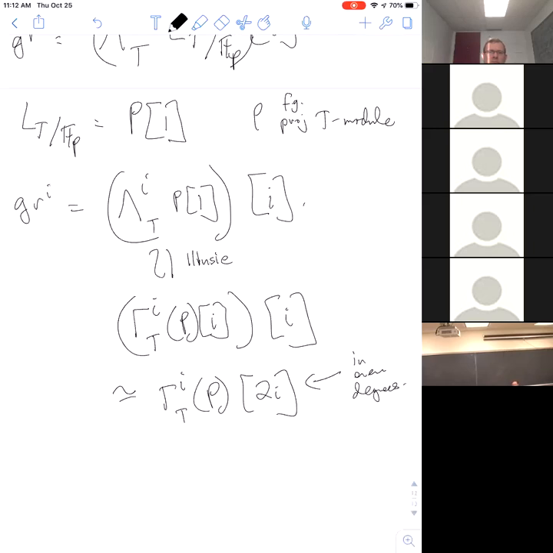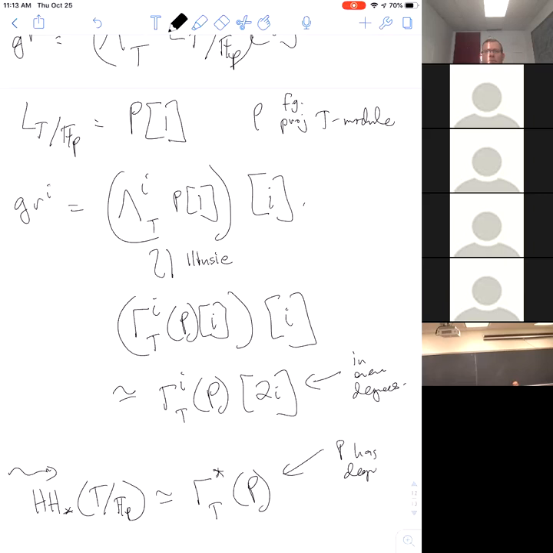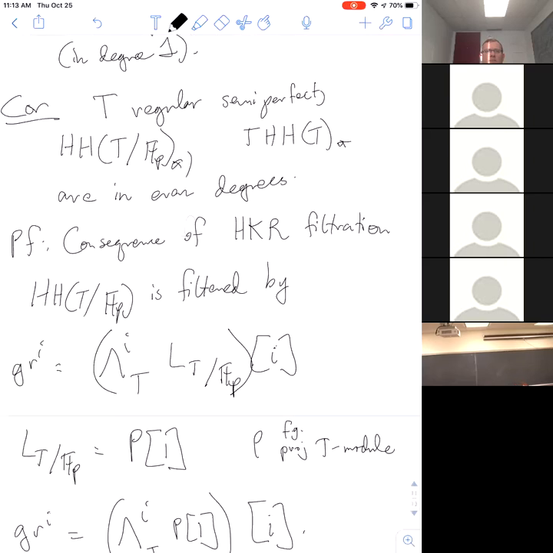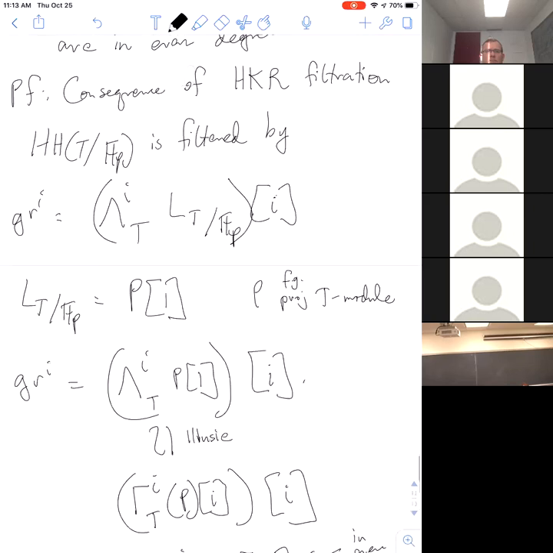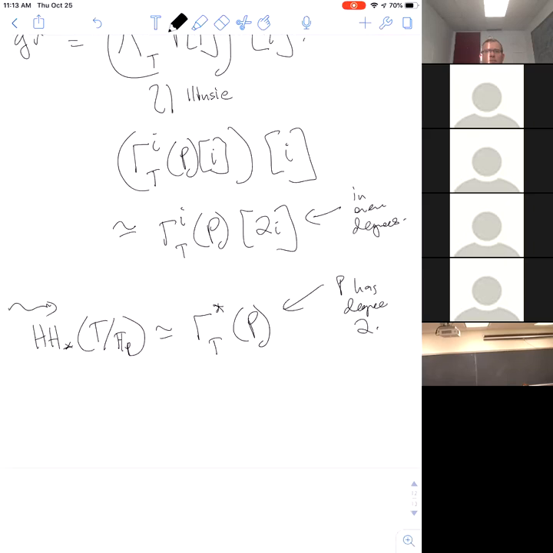So in particular, what you find is that the Hochschild homology of T over Fp is given by the divided power algebra for T on this projective module P, where P has degree 2. So again, the idea is that when you have a regular semi-perfect ring, then the cotangent complex gets shifted by one, and then by this HKR filtration, that turns the Hochschild homology, instead of being an exterior algebra in differential forms, into a divided power algebra on something in degree 2.